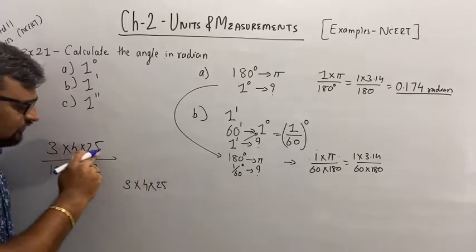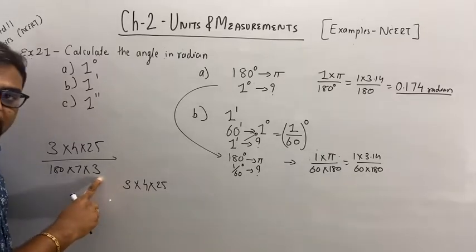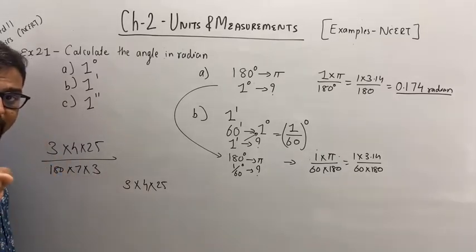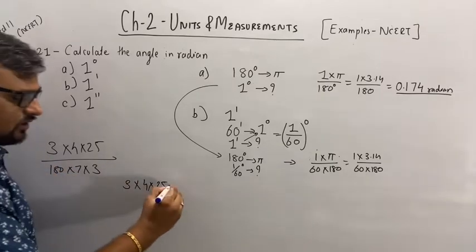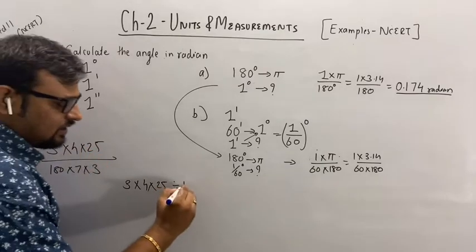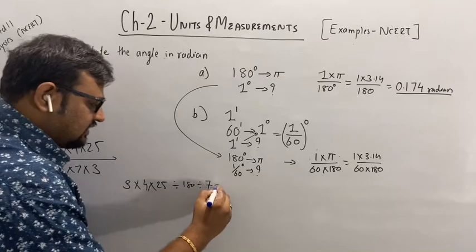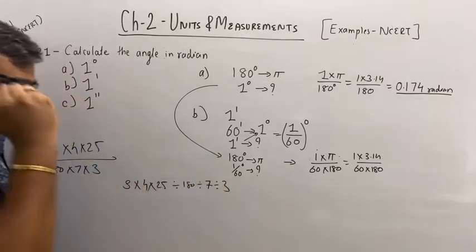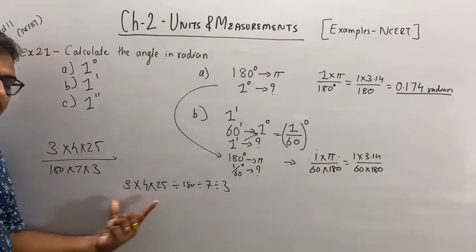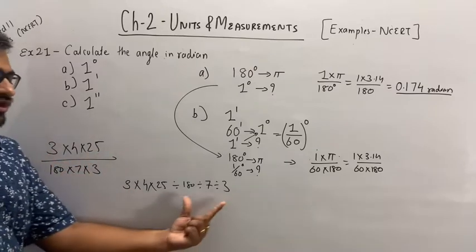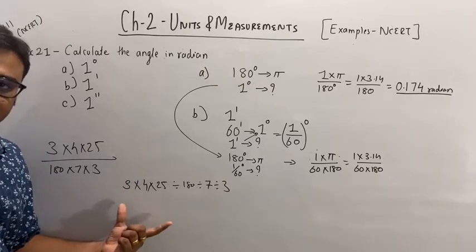All the terms of the numerator you multiply, and since there is multiplication in the denominator, type divide 180, divide 7, divide 3. All the terms of the numerator you multiply and all the terms of the denominator you divide. Use this way to get your answer in one step.